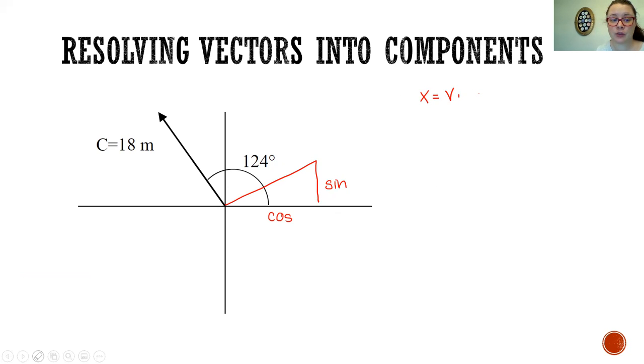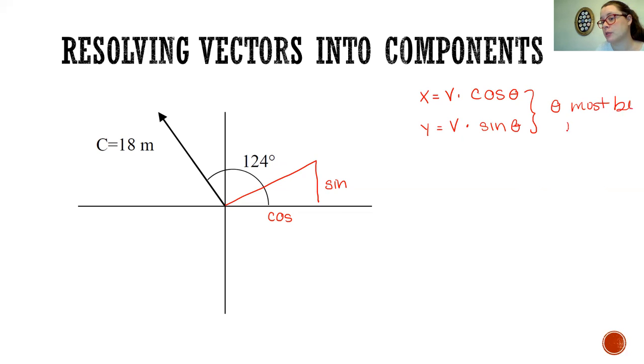I want to write sine first because of the order of SOHCAHTOA. Y is equal to the length of the vector times the sine of the angle. To use these, the angle must be measured from 0.